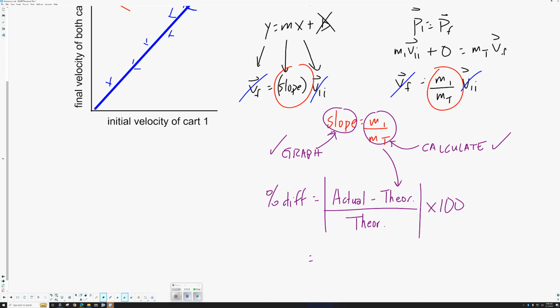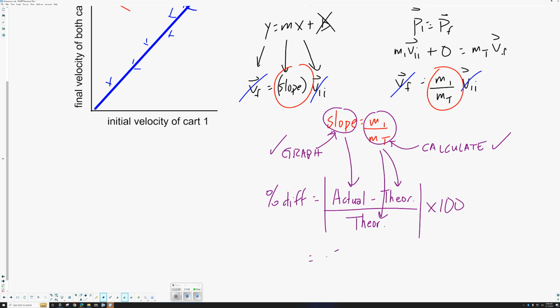So theoretically, that's what we should end up with. But what do we actually end up with? The slope of the graph. So you're going to say the slope minus the ratio of the masses, divided by the ratio of the masses, times 100. And our cutoff is going to be 10% here.